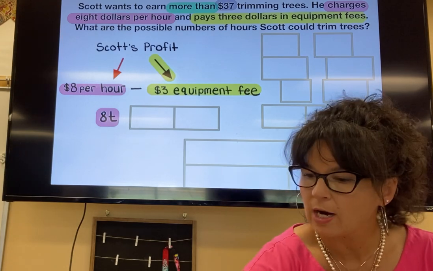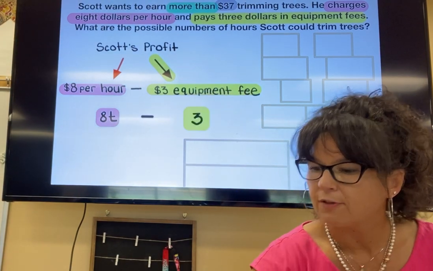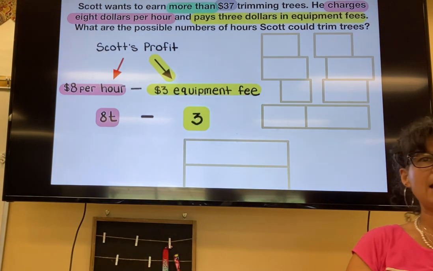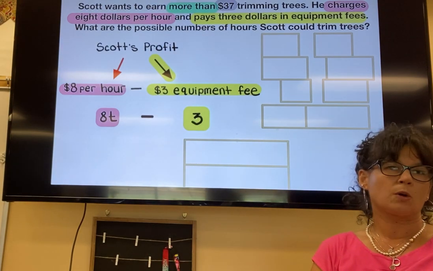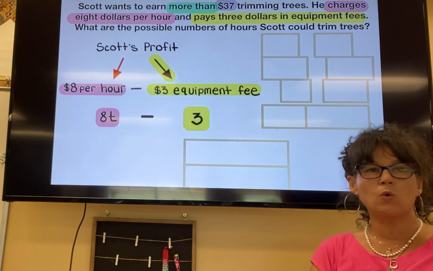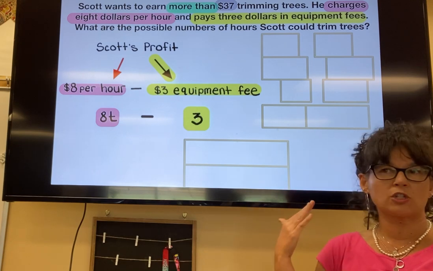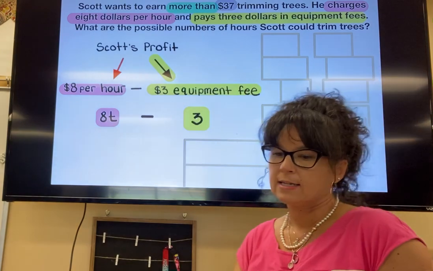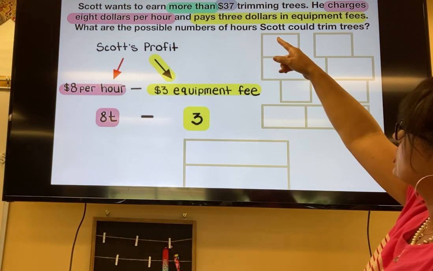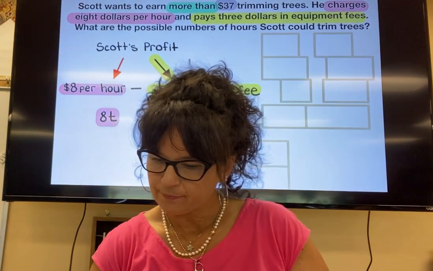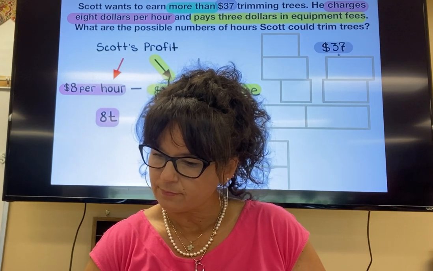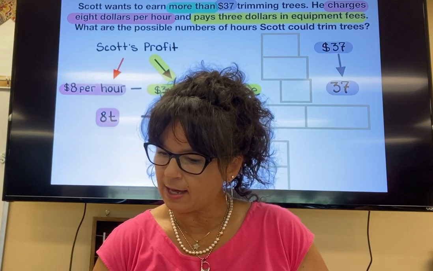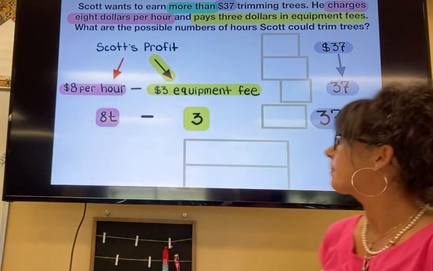Okay, so we're subtracting out the flat fee of $3. It doesn't matter if he trims for 1 hour or 20 hours, his equipment fee, it says, is just $3 no matter what. Okay, then we know that the number on the other side is 37. So let's go ahead and just bring that down.